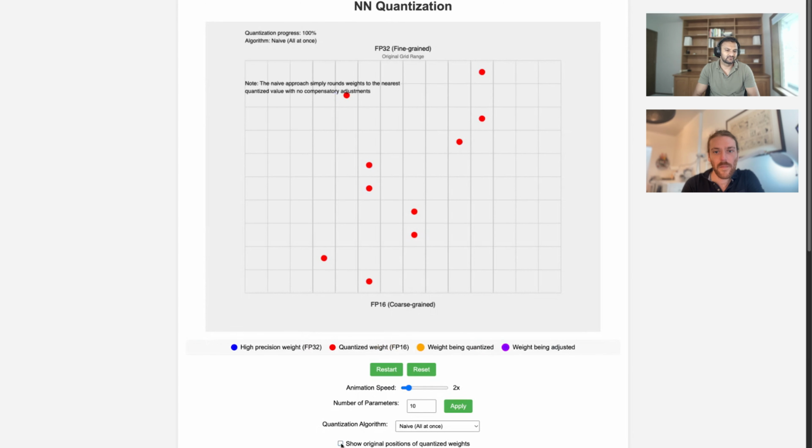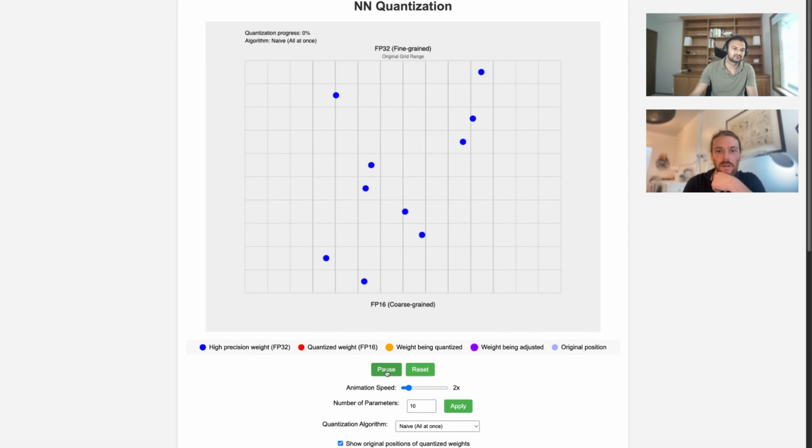Can you explain what our X and Y axes are, or what the range is? Yeah, the y-axis is pretty much one parameter per cell. Up here we have a fine-grained grid, and down here a more coarse-grained grid. You see they snap to the middle of the cell. That's them going to the coarse-grained grid.